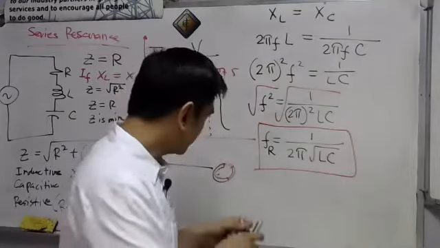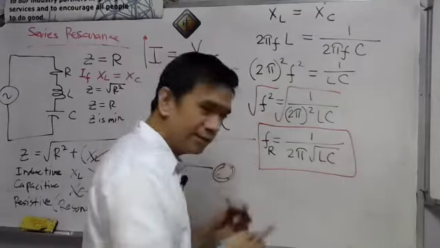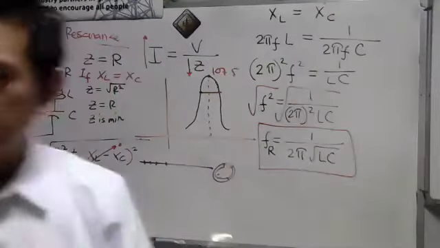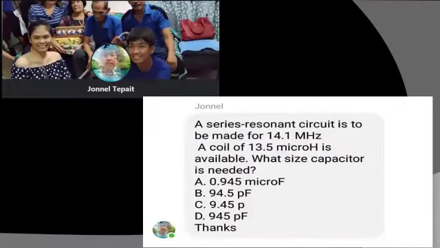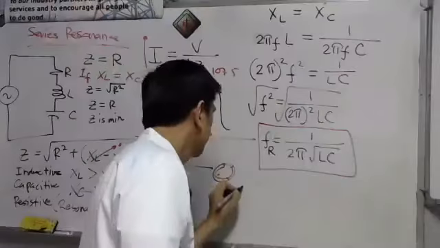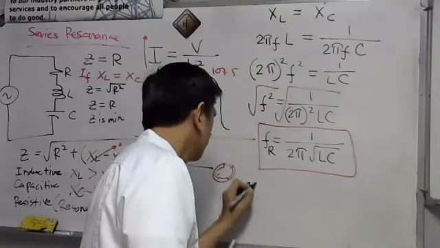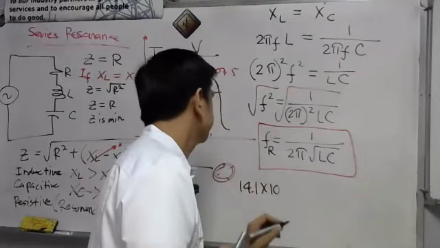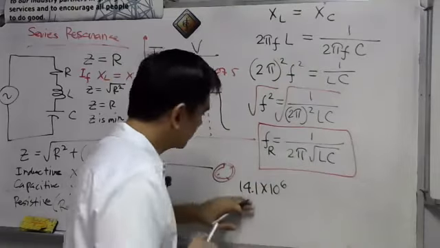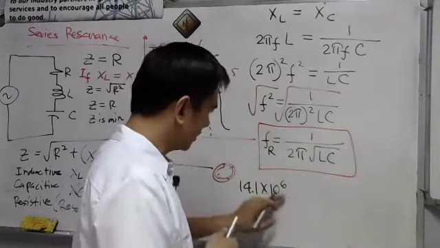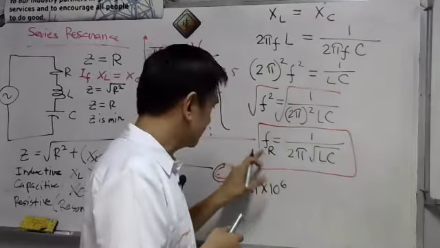Now, yung given sa tanong ni Kajonel, ano yung tanong ni Kajonel? I-check natin. Okay, a series resonance circuit is to be made for 14.1 megahertz. Megahertz.